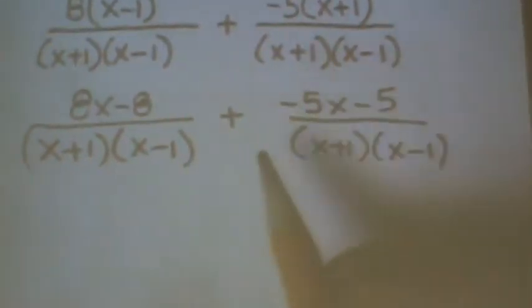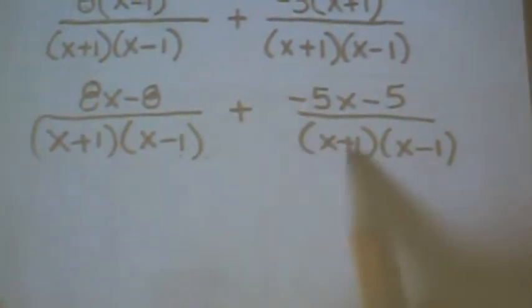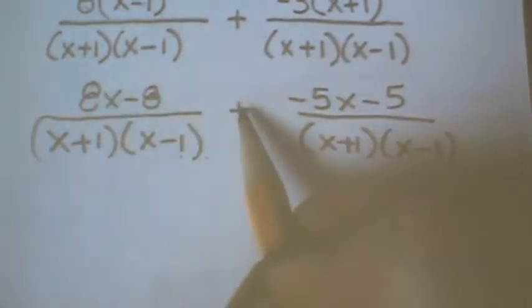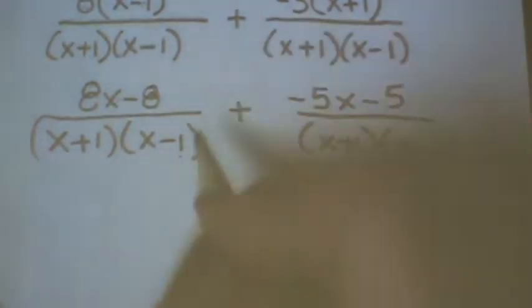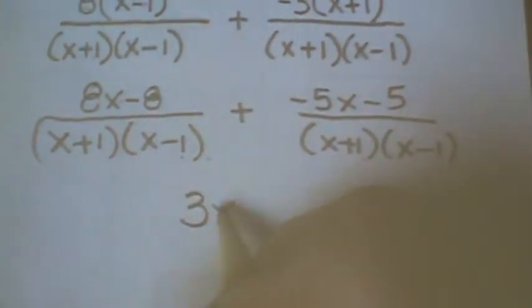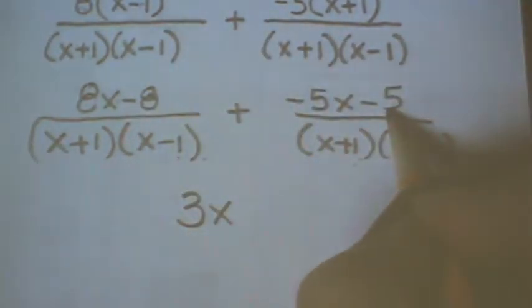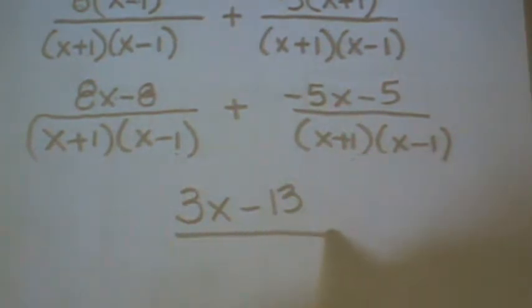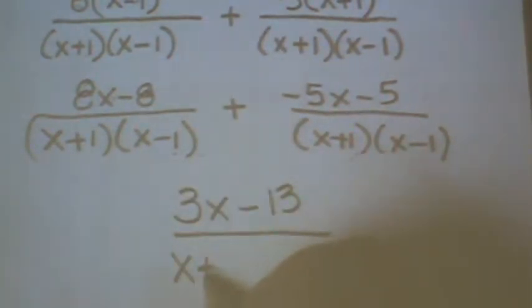Now we're going to combine. Now we have common denominators, so we can add the numerators, which 8x plus negative 5x is 3x. Negative 8 minus 5 is negative 13. All over, you're going to put it all over this denominator.